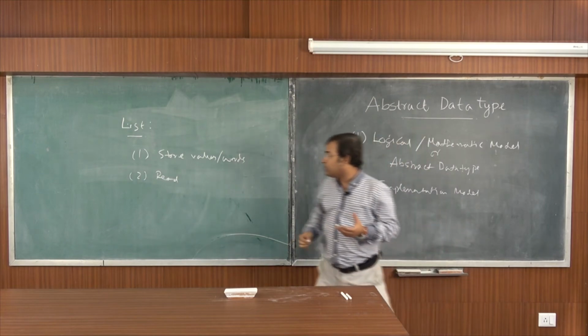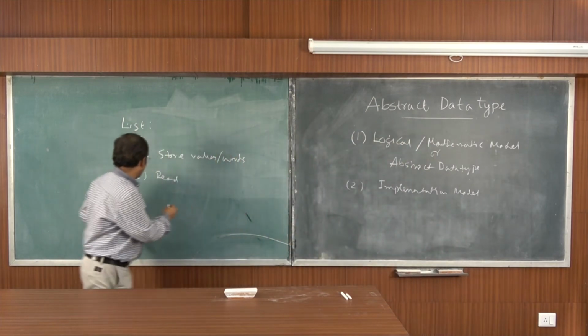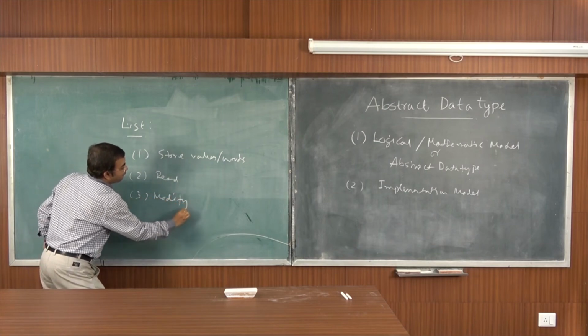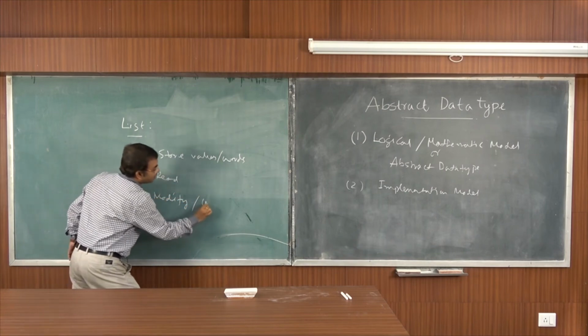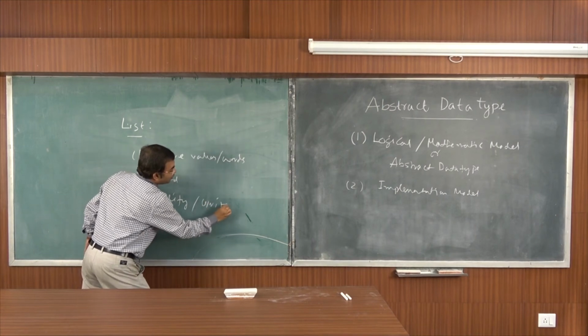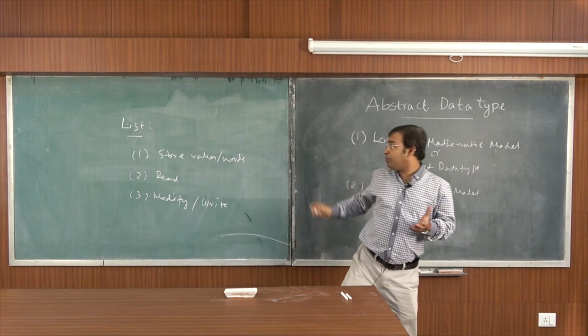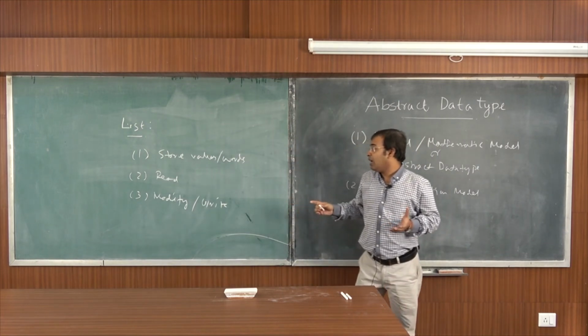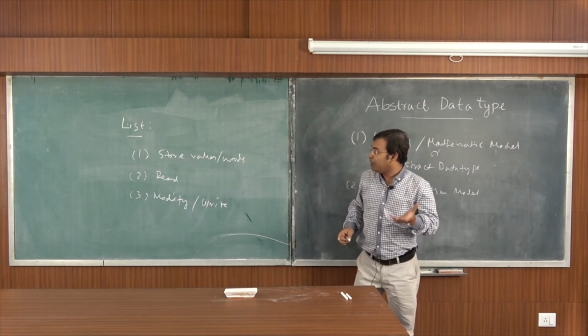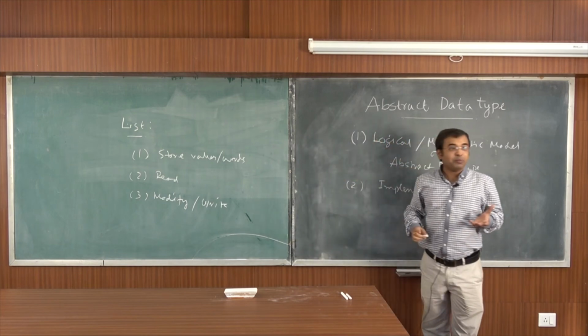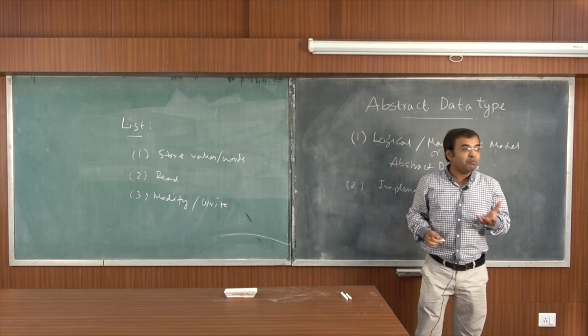The third is that you can modify or write the list. If you want, you can update the list. That is called modify or write. That means the list can be represented as: we can store some values, read some values, or modify or write some values. But we are not implementing the list.